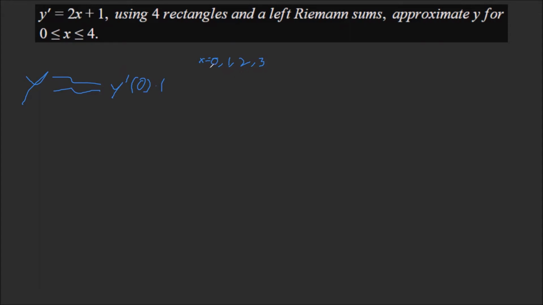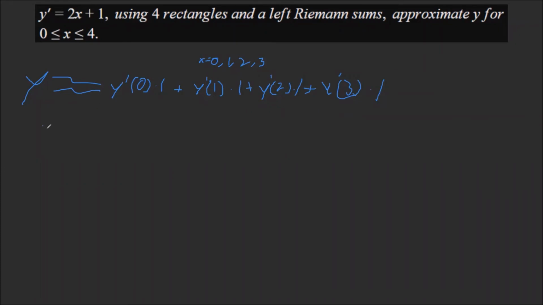It's not always the case, but in this one, plus the y prime value of 1 times 1 again, because that's the distance between these two indexes, plus y prime of 2 times 1, plus y prime of 3 times 1. You can tell that by using this setup, we have 4 rectangles.